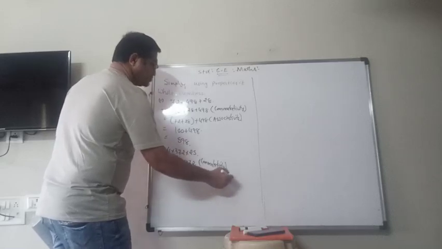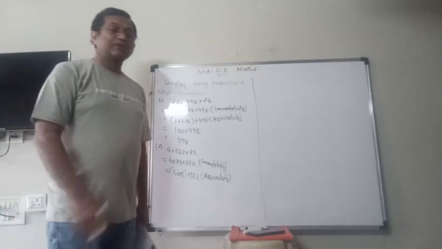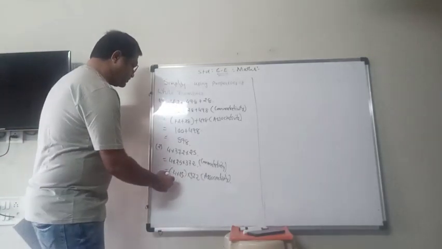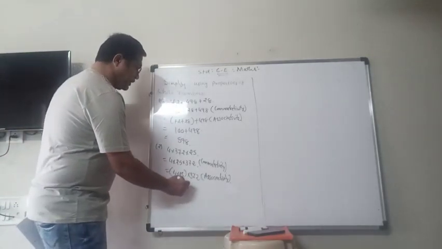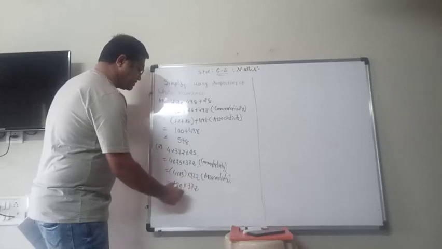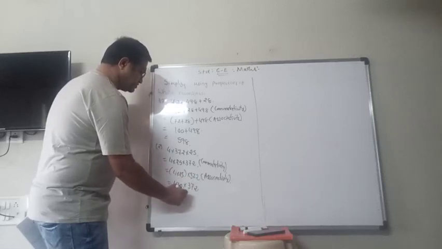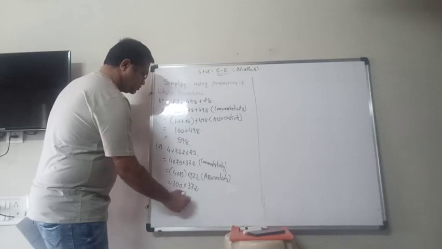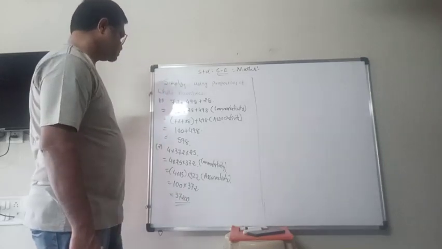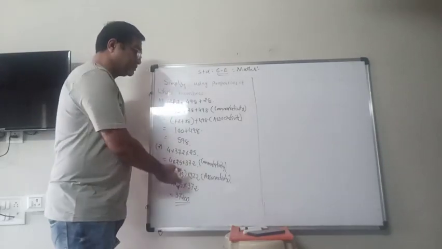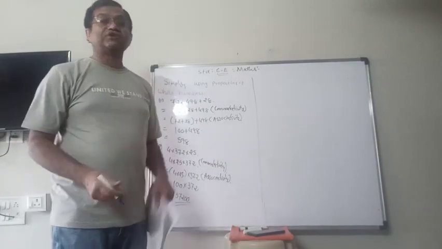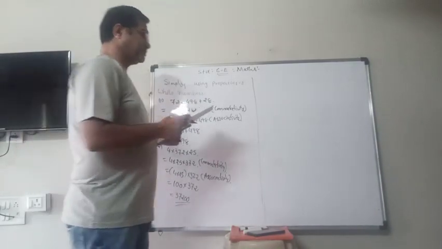We have to use the associative property. And then 25 fours are 100. 100 multiplied by 372, that is 37,200. Because when we multiply by 100, we just have to add 2 zeros.